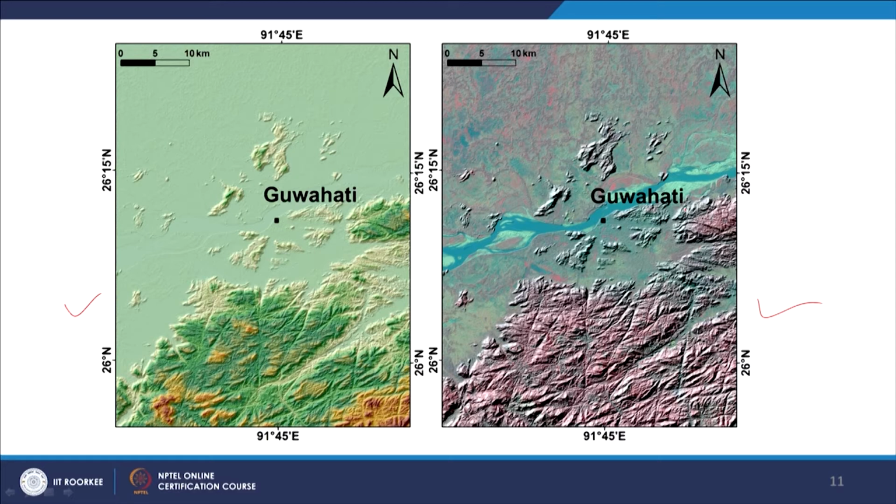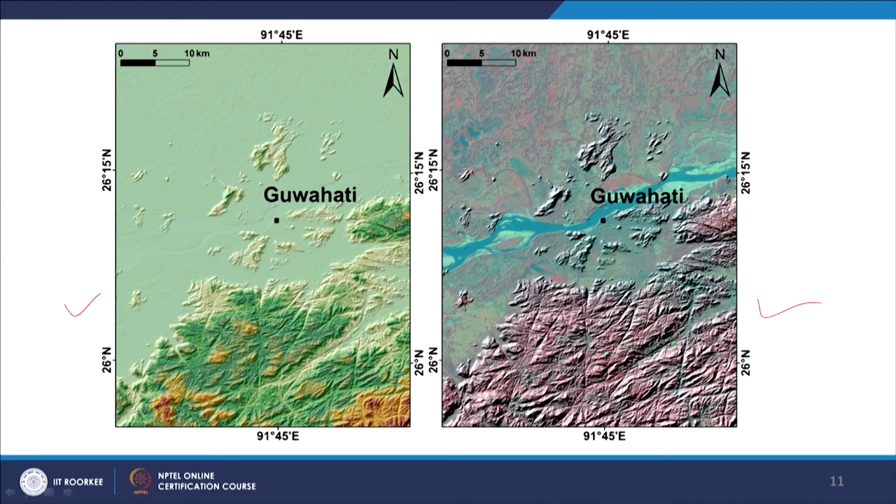See, I can do an integration, I can create a 3D perspective view. But if it is not really representing the true ground conditions, then it may be misleading. So always one should try to remain as close as possible to the natural conditions, and still perform integration and exploit those outputs.